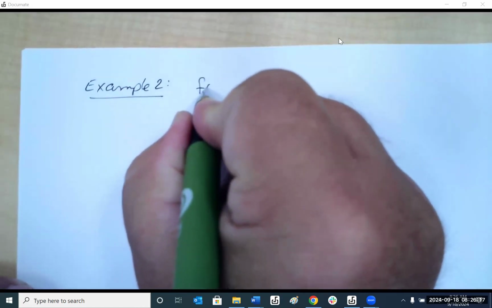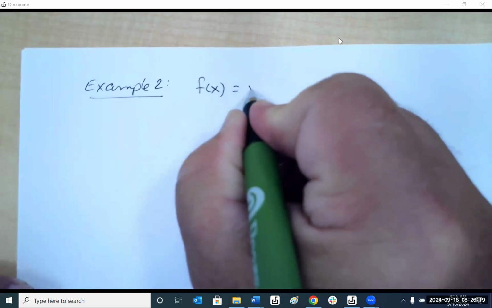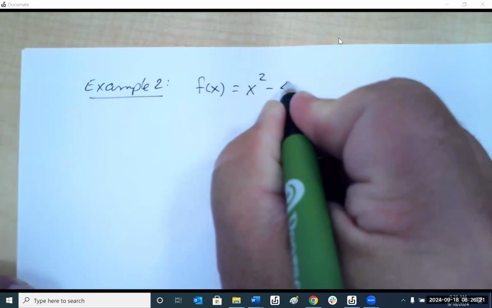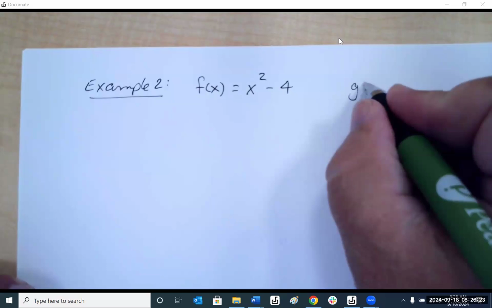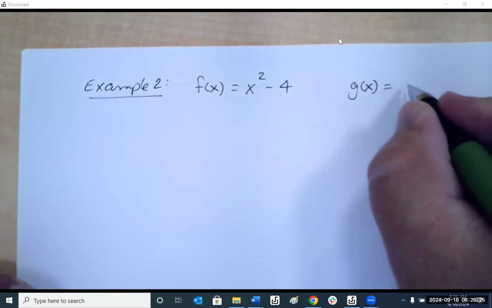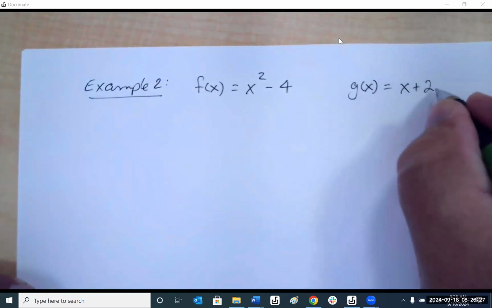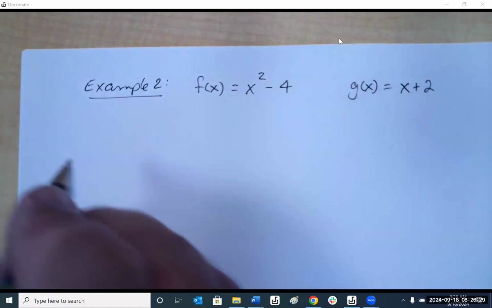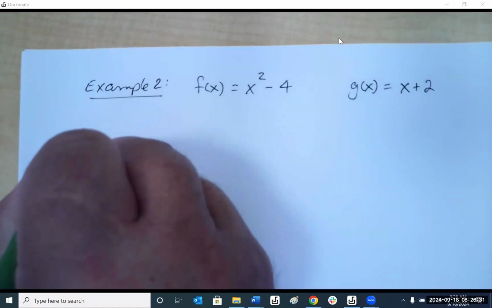Let's look at example 2. Given f of x equals x squared minus 4, g of x equals x plus 2. Find the following.